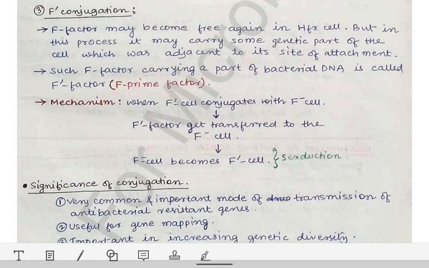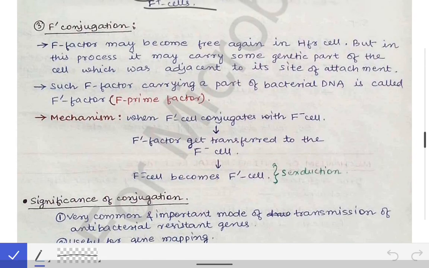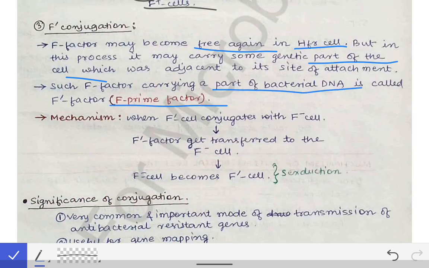But after some time, it can become free again, and once it gets freed from the HFR cell, it also carries some of the genetic part of the bacterial donor DNA. Then it is no more called the F factor, it is called the F prime factor, since it contains the bacterial DNA.